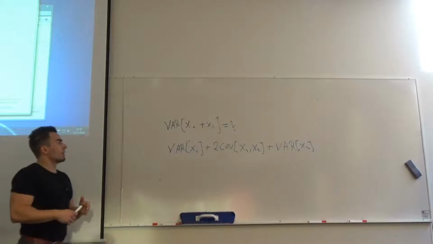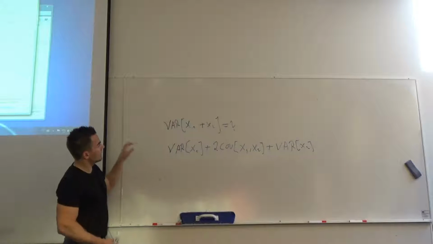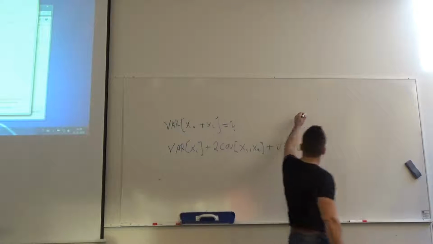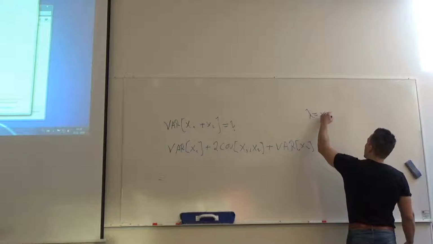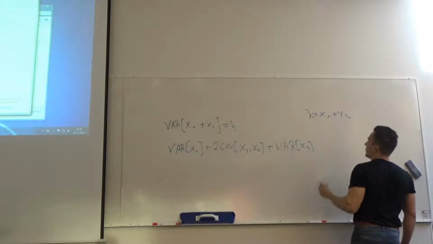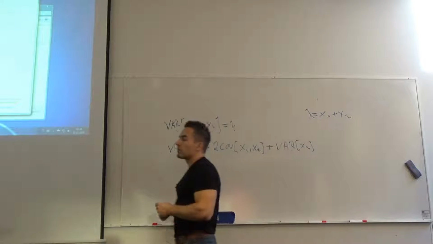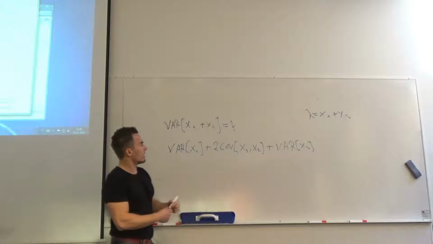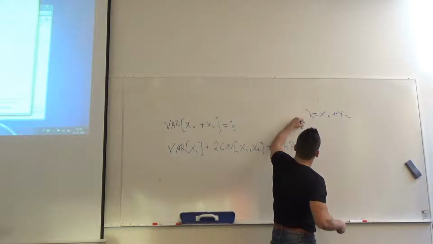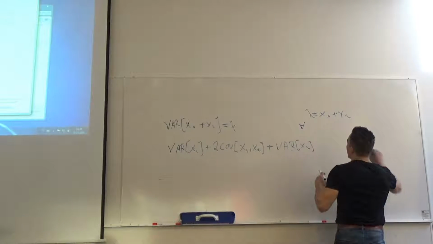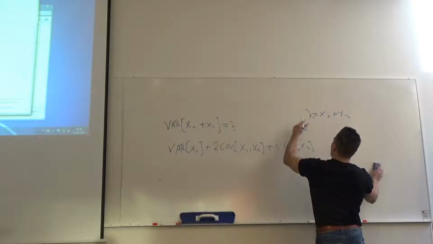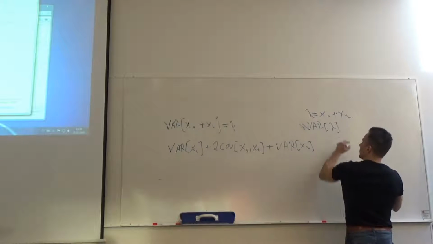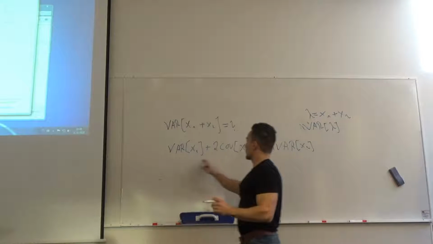So if we define a random variable as x1 and x2, let's say our lambda is x1 plus x2, then the corresponding variance of this random variable that we defined, so the corresponding variance of lambda, is given by this equation here.